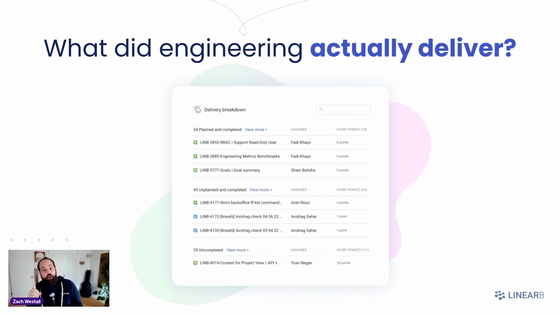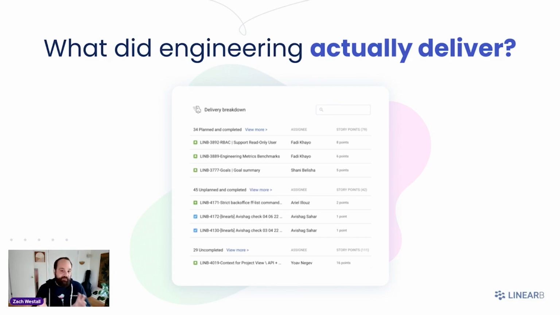This shows you what was planned and completed, what was unplanned and completed, which is a big distinction here because JIRA right out of the box doesn't give you that information. They tell you, hey, you planned for 50 story points and you delivered 50 story points. According to JIRA, you're doing great. You're at 100% planning accuracy. Well done.